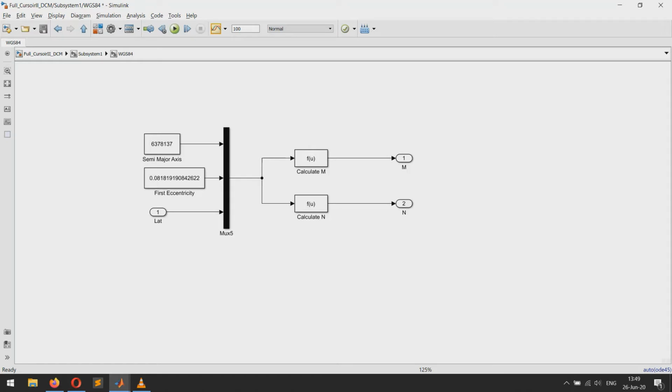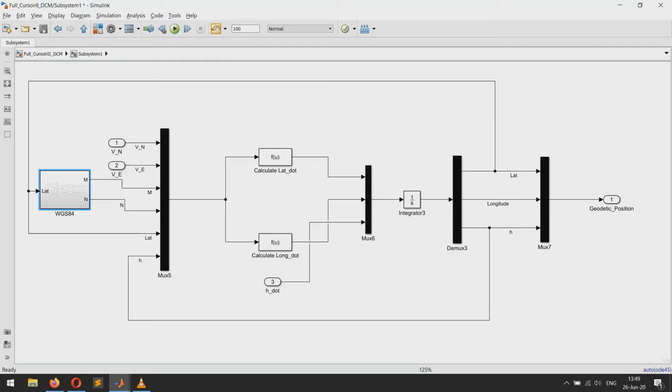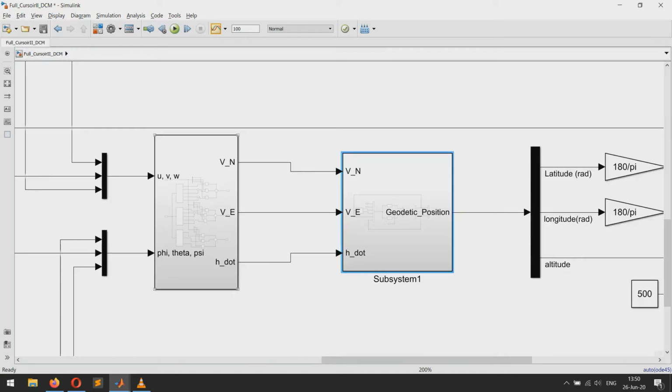This is our semi-major axis, first eccentricity, and we calculate M and N, and we supply this M and N to this block and calculate our latitude dot, longitude dot, and we obtain h dot from this block conversion.